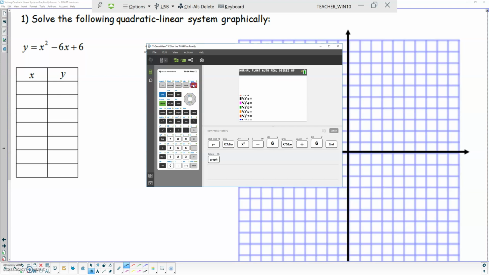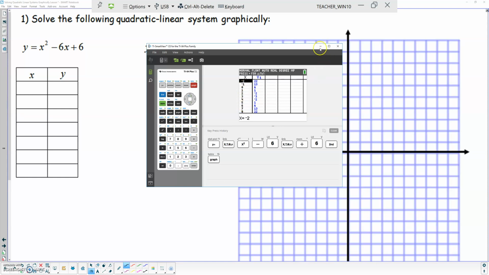Hit second graph. Here's where you might have to scroll through the table a little bit, so you want to see where the y values start to repeat. I'm seeing 6 and 6, 1 and 1, -2 and -2. So 3, -3 looks like it's my turning point. So a good interval to graph would be from 0 to 6.